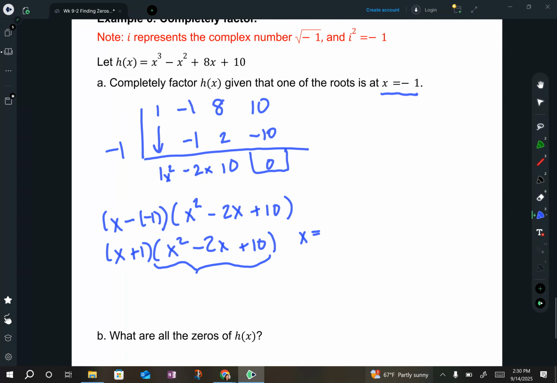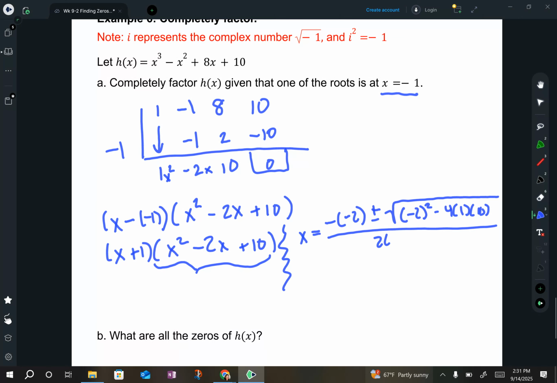So x equals -b plus or minus the square root of b squared minus 4ac, all over 2a. So that's 2 plus or minus the square root of 4 minus 40, all over 2.